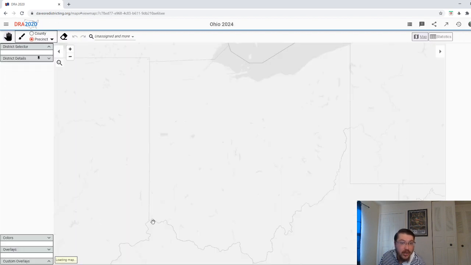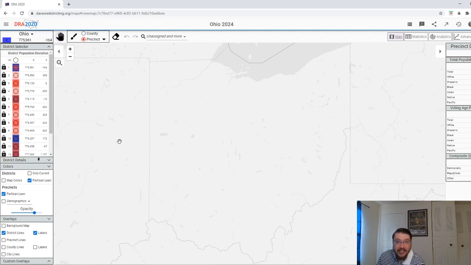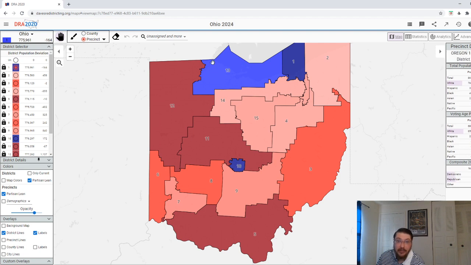Then we go to Ohio, where this one was really tough because I tried to keep what the Republicans had already done here, which is basically a Democratic district in Toledo, which is actually expanded because population's kind of decreased, and Ohio is set to lose a district.